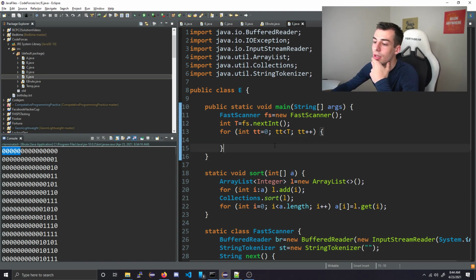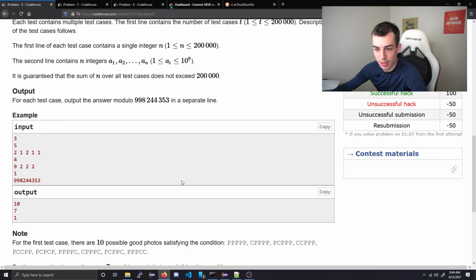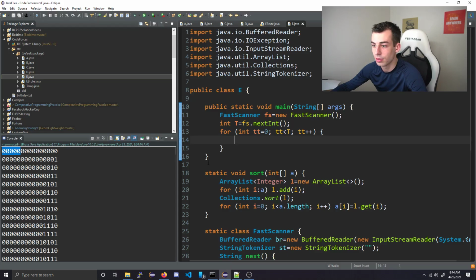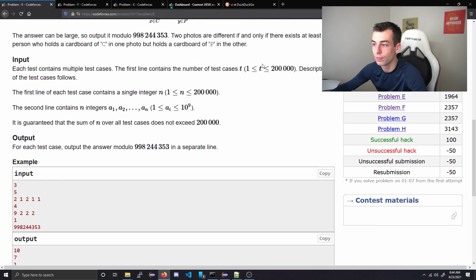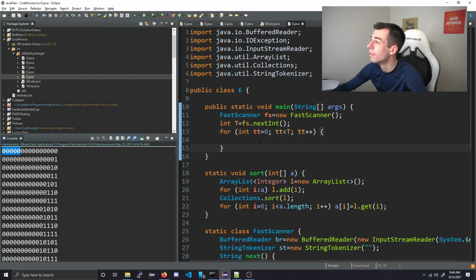Okay, cool. All right, this isn't multi-test case. It is multi-test case. Brilliant. How many test cases? A lot. Is that going to be a problem? I don't think so.